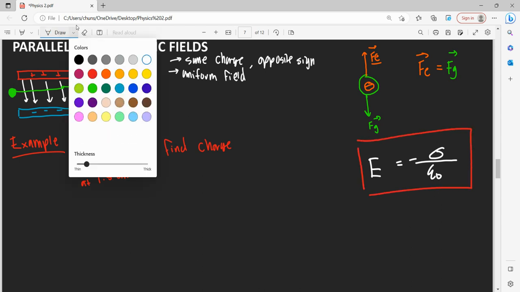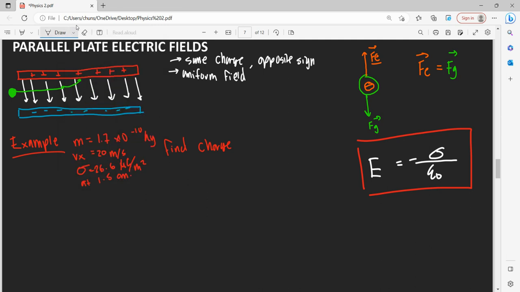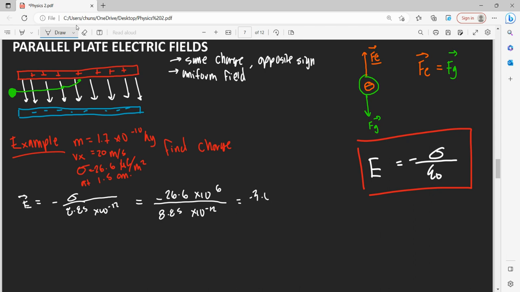So when we use that to solve this question here, that gives us electric field equals negative 26.6 times 10 to the negative 6 for our density over 8.85 times 10 to the negative 12, equals our electric field of negative 3.01 times 10 to the 6 newtons per coulomb.